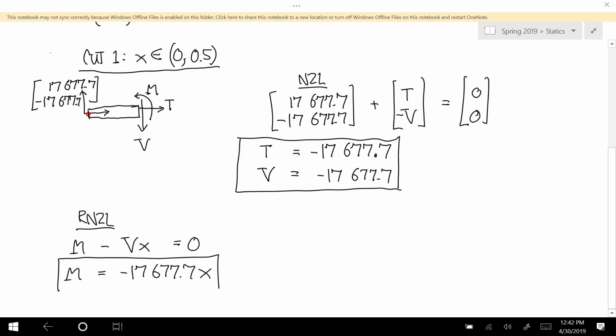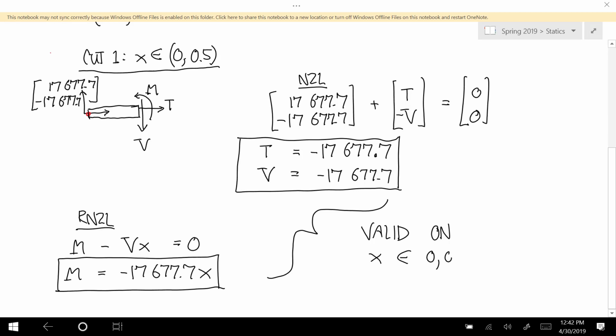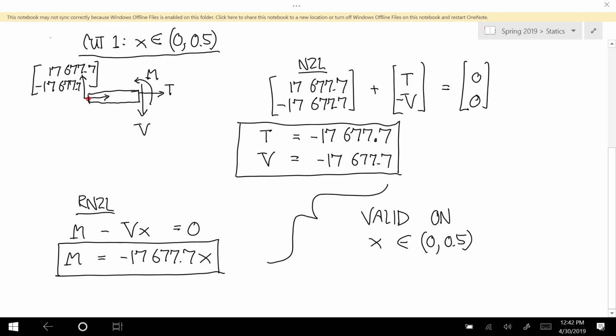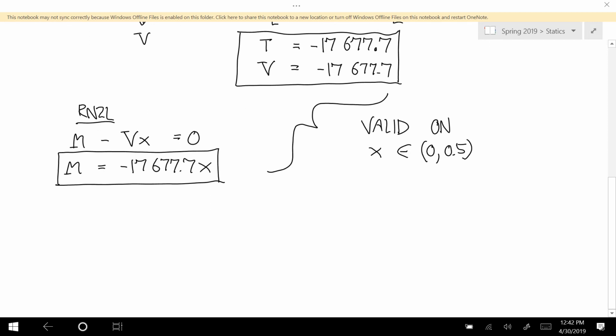That's the function for the bending moment. And so these are the subfunctions that are valid on the interval x between 0 and 0.5. Now we'll go to cut 2, representing x values between 0.5 and 1.